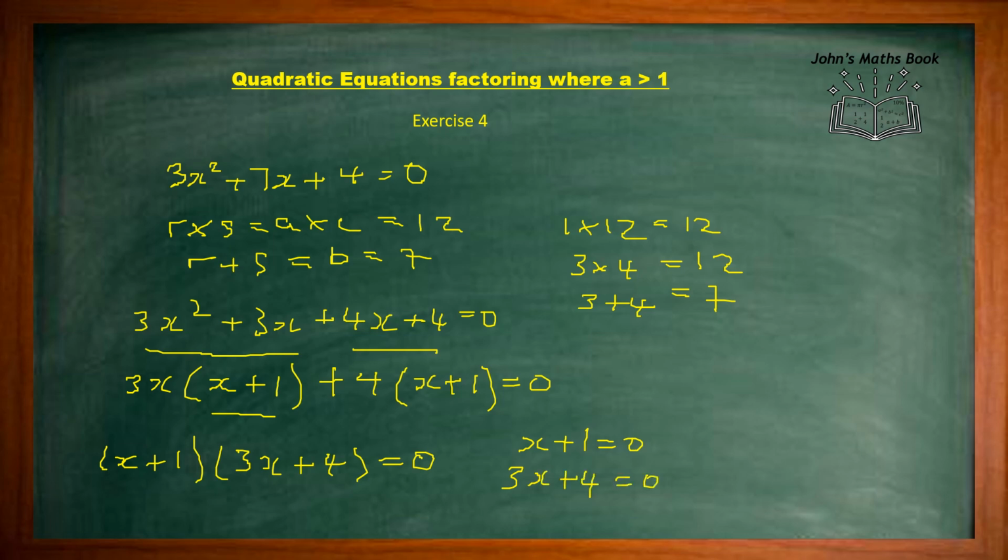Solving these two equations, we get the roots of our quadratic. In this case, we have x is equal to -1 and x is equal to -4 divided by 3, which is -1 1/3.